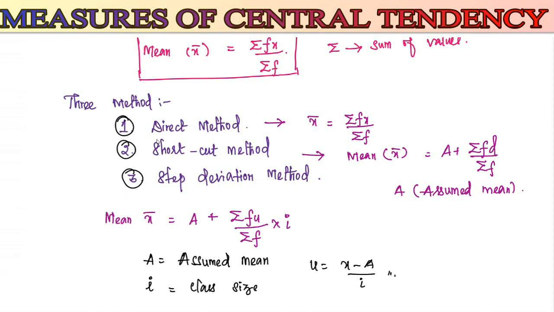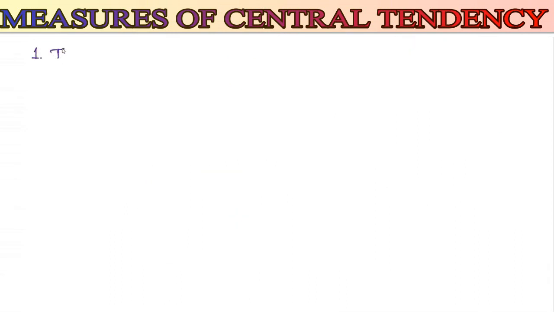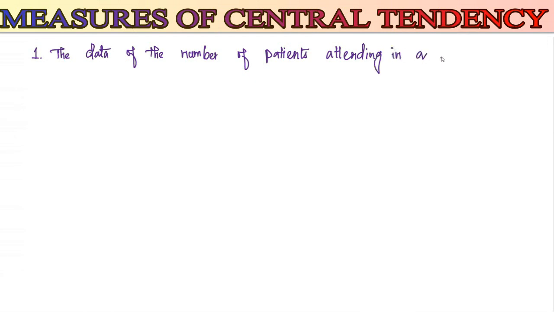Let me discuss each method one by one. The first one: the data of the number of patients attending a hospital in a month are given below.